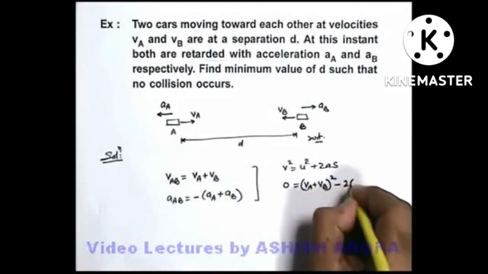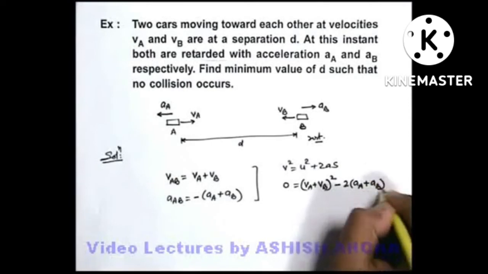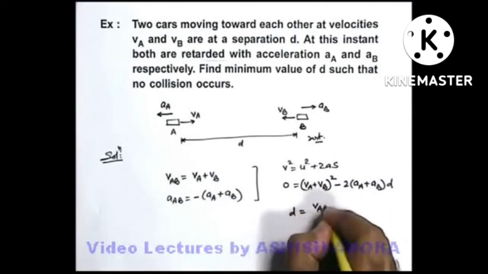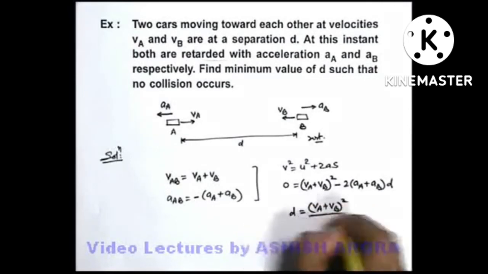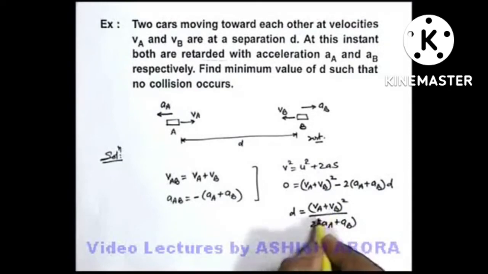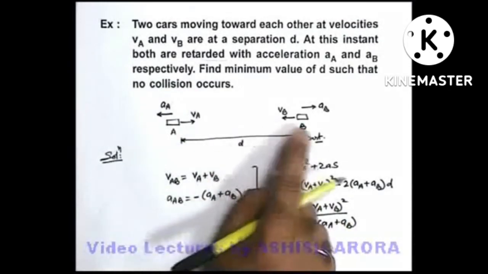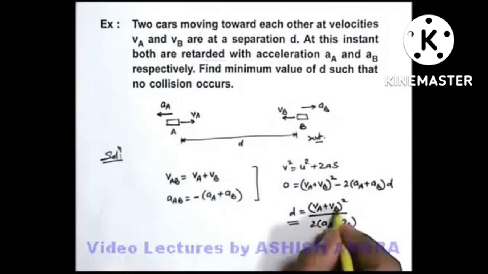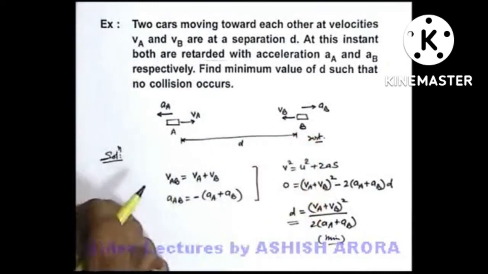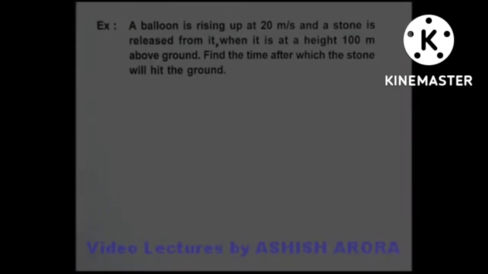Acceleration we use negative, it is twice of AA plus AB, and the distance it has to cover is d. So the value of d will be VA plus VB whole square divided by twice of AA plus AB. If the distance is more than or equal to this, A is not going to hit B, or no collision will take place. So this should be the minimum value. If more than this is there, certainly A will come to rest before touching B.